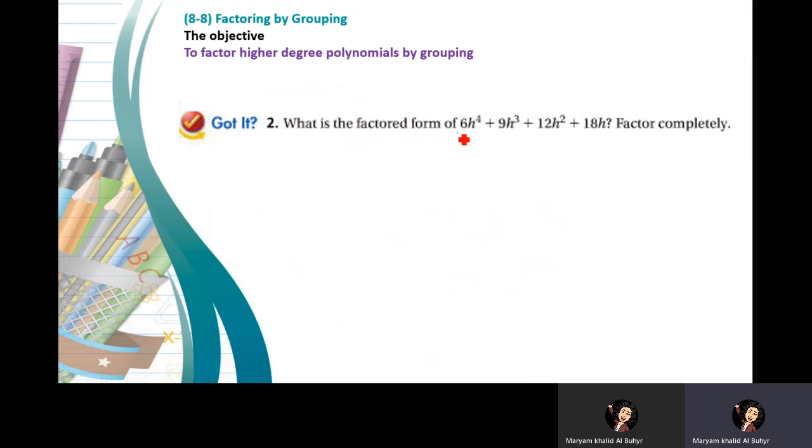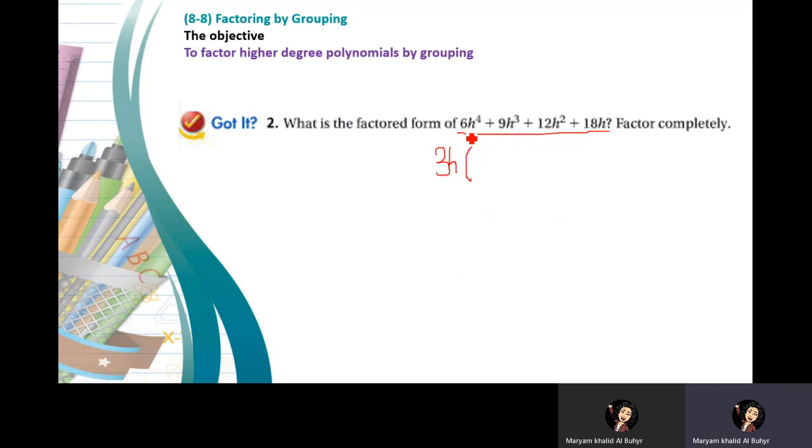Now let me do this one with you. So first of all, I can see here the smallest power for my variable is h. Now when I scan my numbers, can I say 6? No, because this 9 I cannot factor with 6. So can I say 3? Yes. So I will take 3h outside.